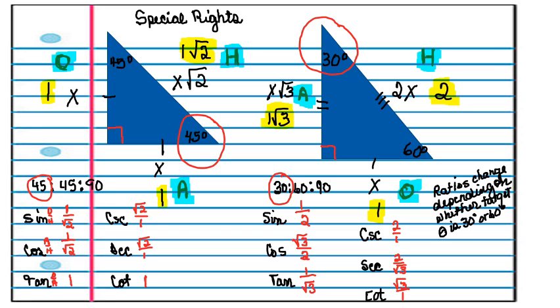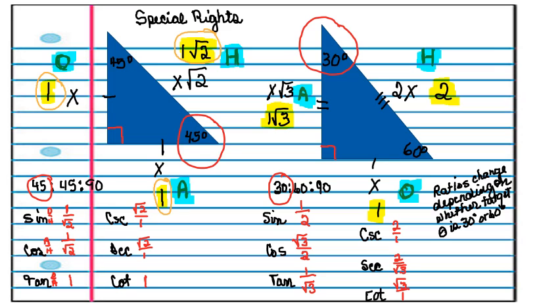So if you take a look at the triangles here, I've done the target identified type of thing, which helps me build the ratios that they're looking for.